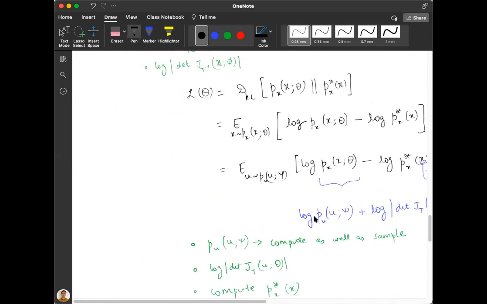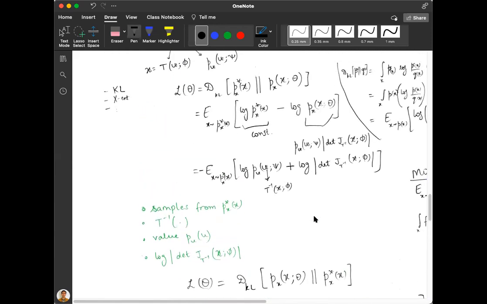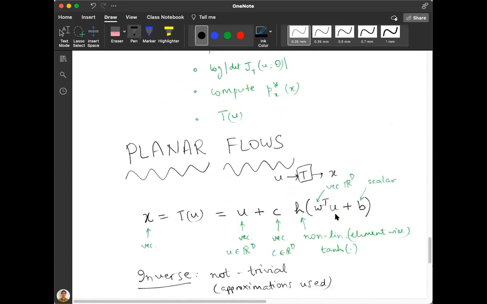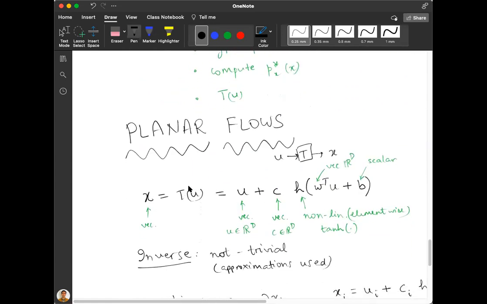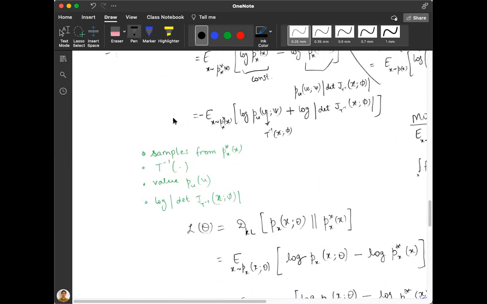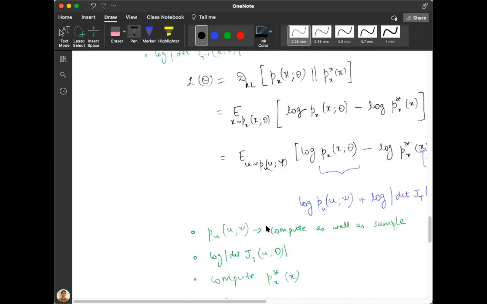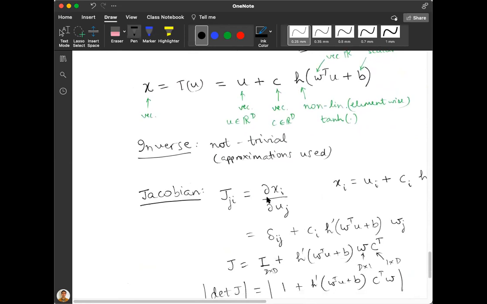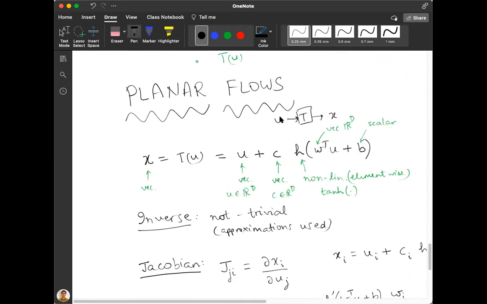But then there is a trick which people do. They use this planar flow form to model T inverse, not T. They use this form to model the inverse map. So in that case, they can use this, but they cannot use this. These are some details. When you know that you only want to compute in one direction, then just take this form as that direction.